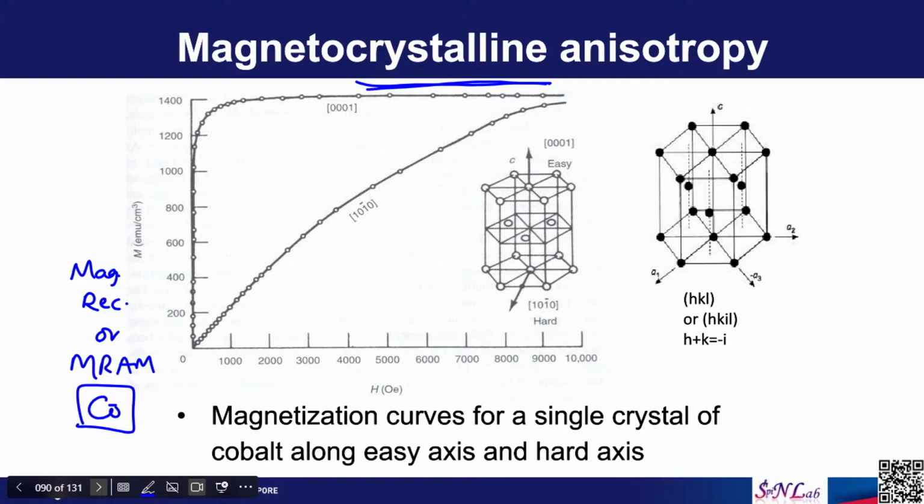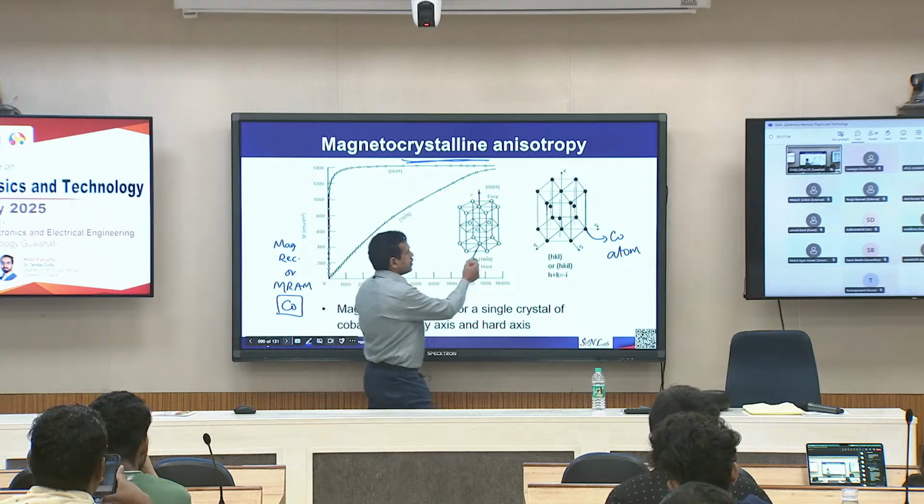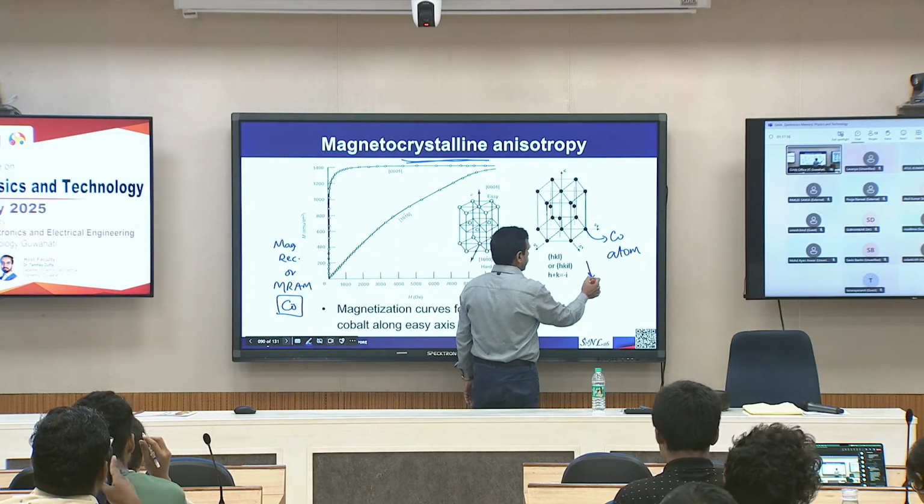In the case of cobalt, you have a hexagonal crystal structure. In this picture all these dots represent cobalt atoms. If you take a unit cell of cobalt, the cobalt atoms are arranged in a hexagonal crystal structure. Okay. So, this is a hexagonal crystal structure.